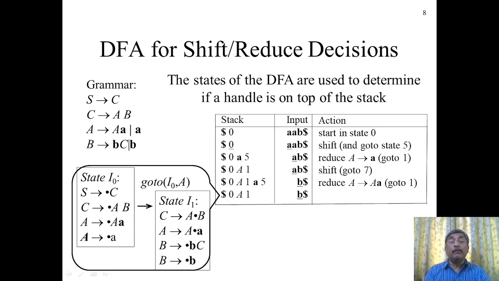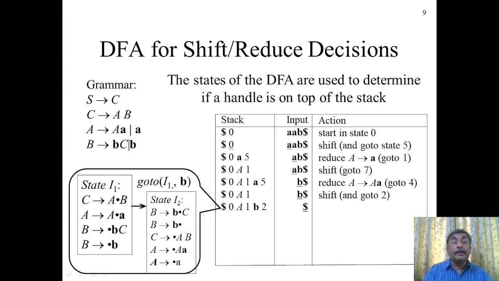So let me see what it is. Yes, I see that from I1 using b, I can go to a state called I2. So I push b in, I go to state 2, and that's it. So now only dollar remains. My input symbol as such is not there, but the sentential form however remains, and the sentential form right now is capital A small b. That's it.